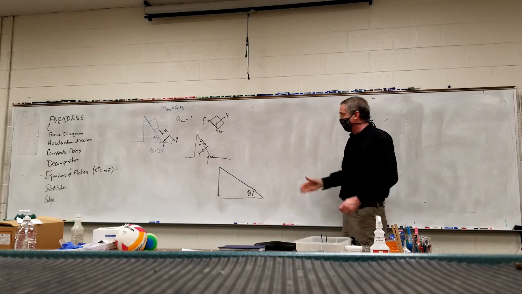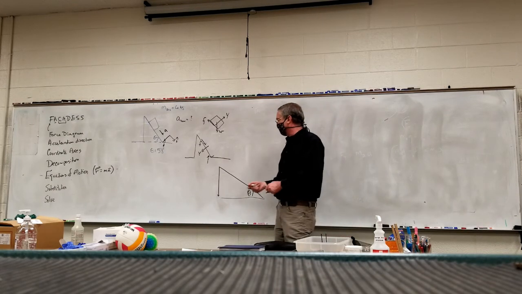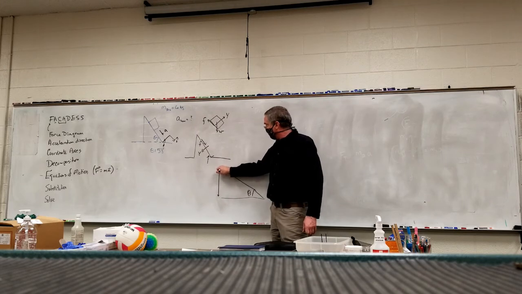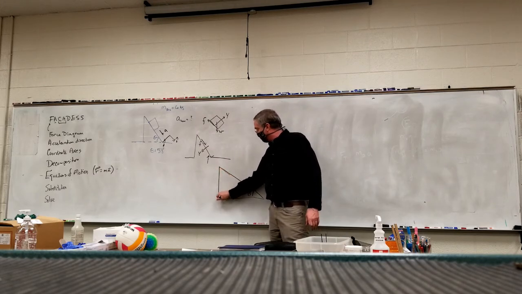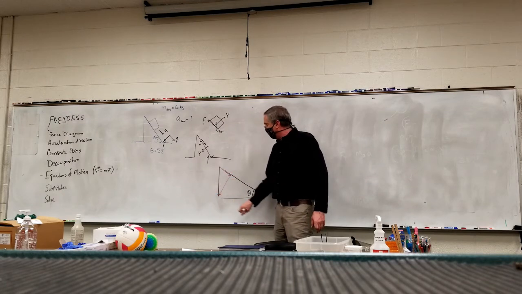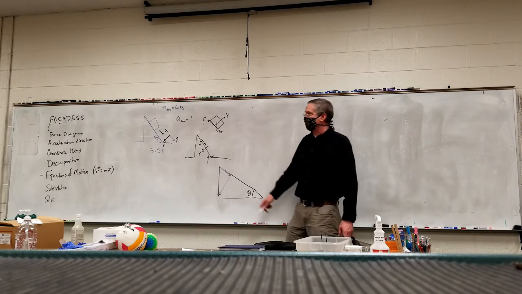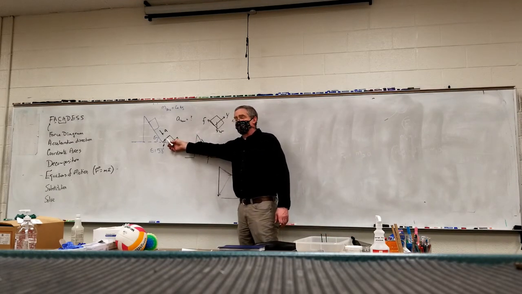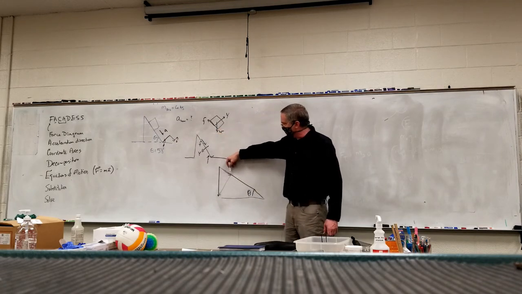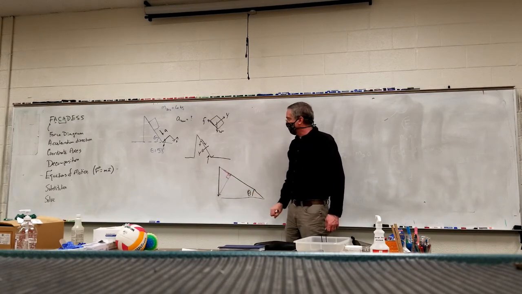Obviously, I haven't drawn the right triangle yet, but I'm trying to figure out how much is down the ramp and how much is perpendicular to the ramp. My components need to be in the plus or minus direction of my axes. This is my coordinate system here. I need to break vectors up into those components. So since one of them is down the ramp and one of them is into the ramp, that is a right angle there.